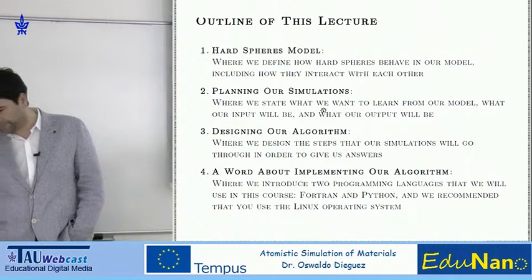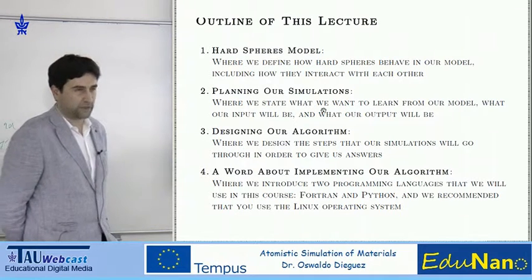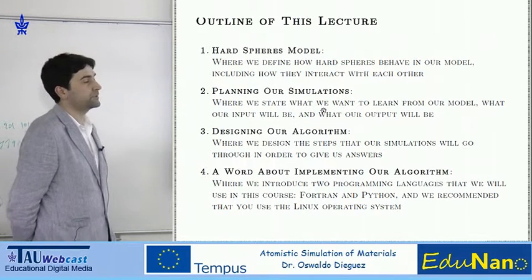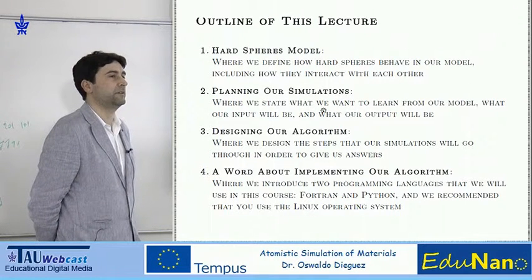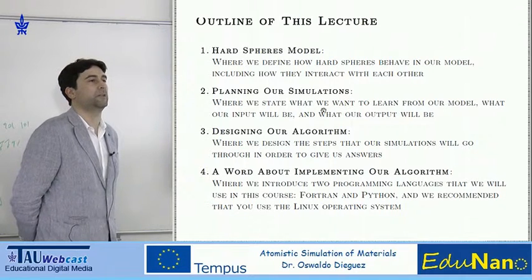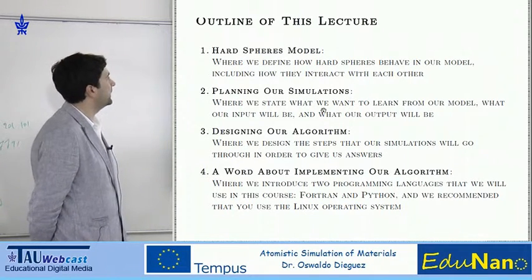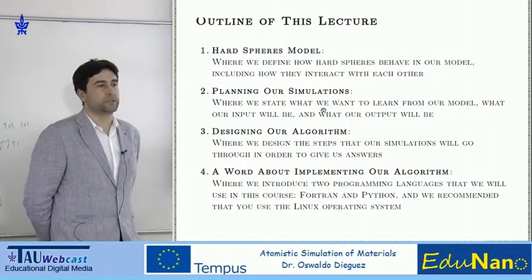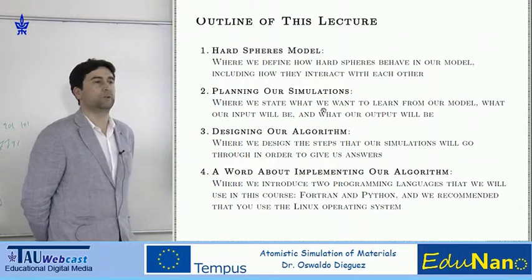Like we did in the previous lecture, here is an outline of what we want to do. First, we want to understand what we are talking about. We want to define this hard sphere so that we have a model that we can do things with. We always want to plan what kind of thing you want to learn from the model.